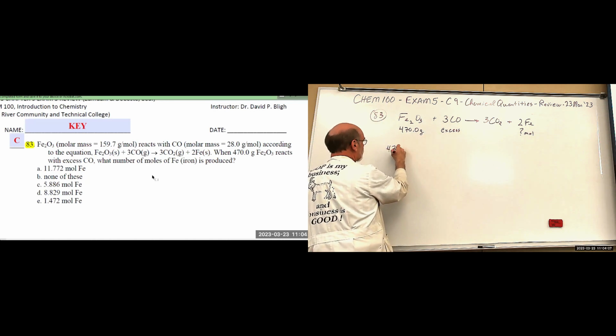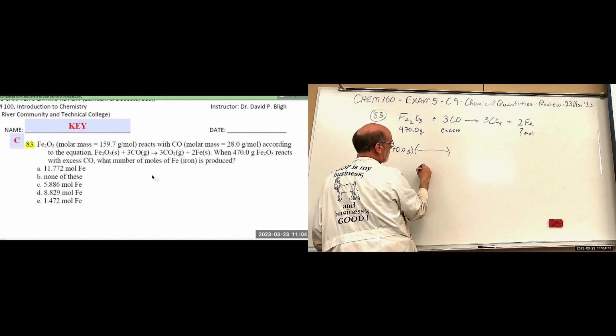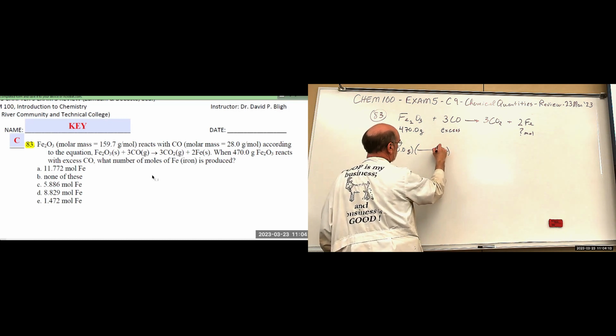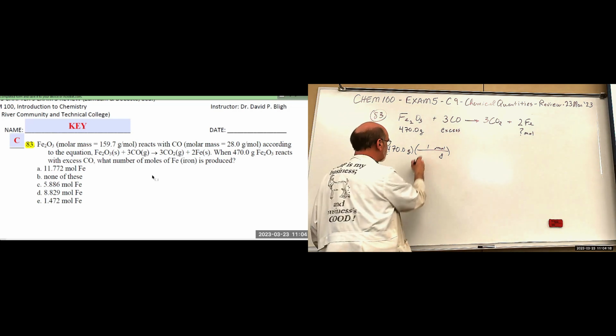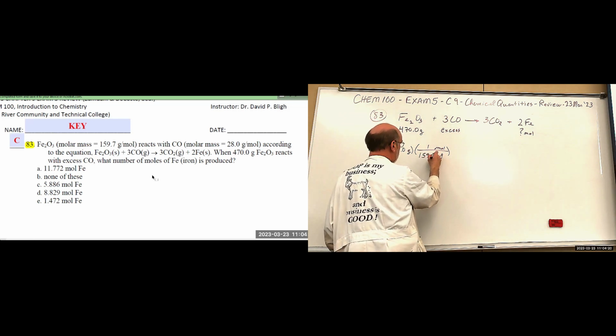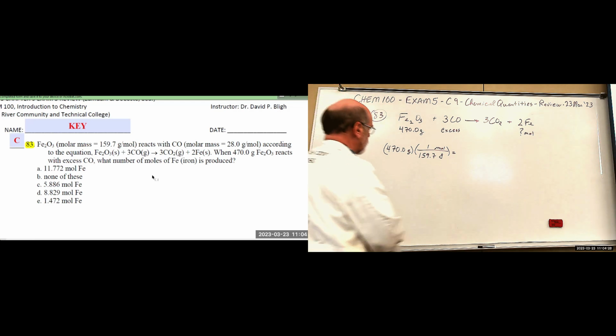So we'll take this value and convert it to moles of Fe2O3. That's how many moles of Fe2O3 go into this reaction. And let's just string them together.